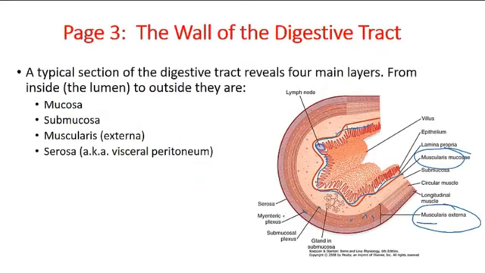Now another specific region, if you look at this picture, you can see the myenteric plexus. Myenteric plexus is a network of neurons that is present in the muscularis externa. If you see, it is in very close communication with the submucosal plexus as well, and together the two plexuses produce the enteric nervous system.